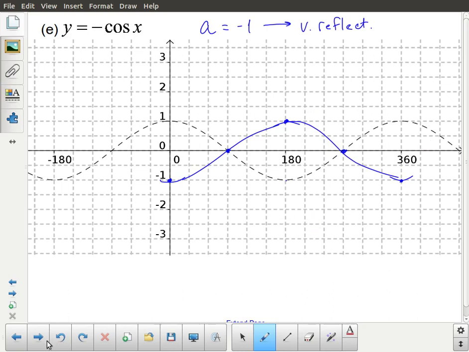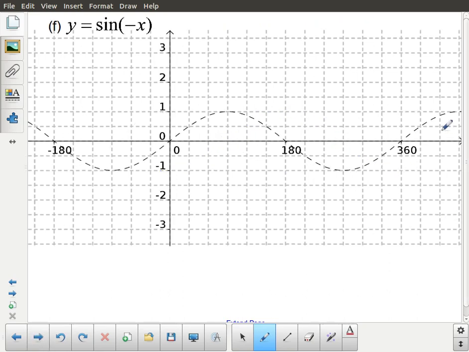I did a pretty bad job there, actually butchered it a bit. So let's try it one more time. I did a better curve there without the help of the advanced curve. There we go. So that's not bad. And this is a vertical reflection of cosine. It's very important that you are very clear in your mind about the parent functions for sine and cosine because they won't always be given to you.